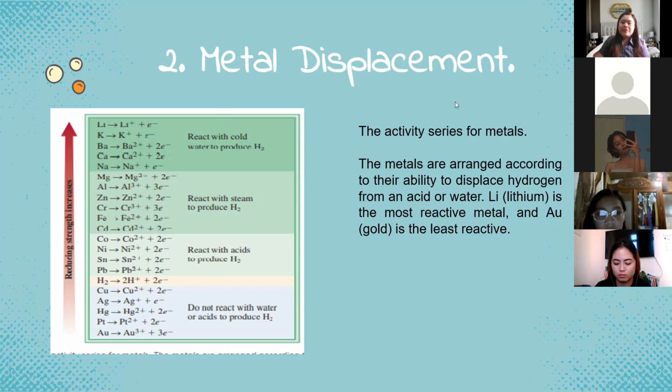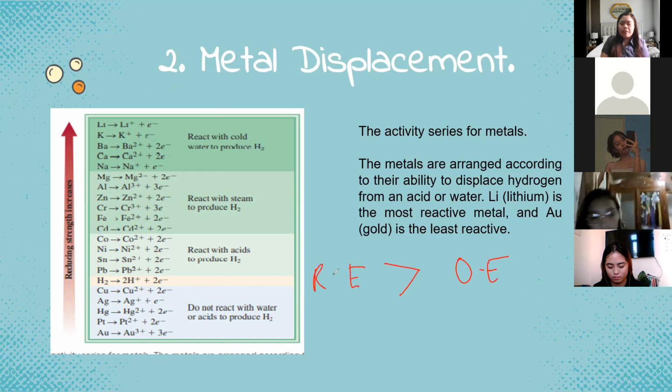But for metal displacement, you have to take note that kailangan yung i-replace mo na element, the element that should replace is more reactive than the original na element. Okay, itong i-replace natin na element should be more reactive than the original element. Paano natin yun malalaman?